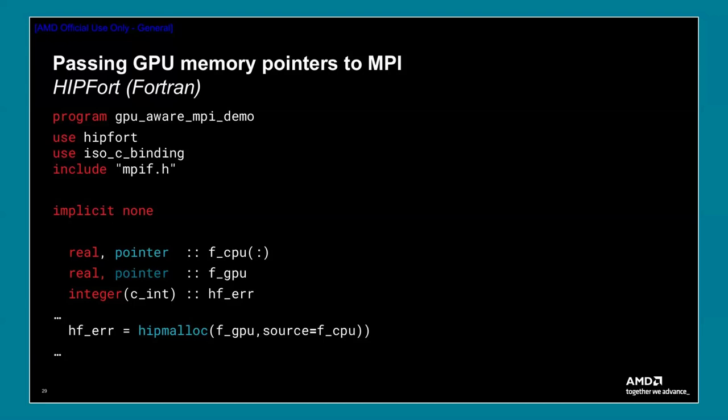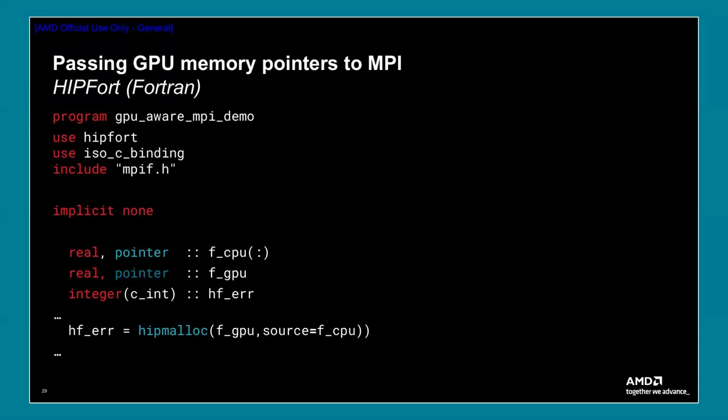Now, if you want to do HIP in Fortran, so you're doing HIPFort, there are two ways to do this. The first route is if everything you're doing is using Fortran pointers, and I realize now there's an error here, but this FGPU should be a rank 1 array.